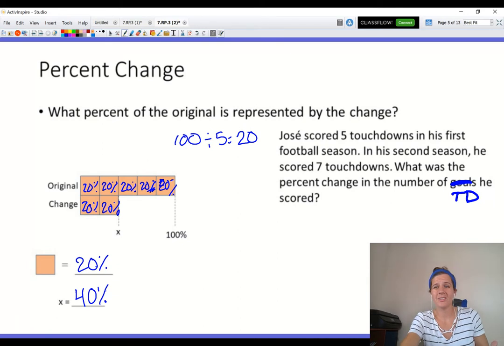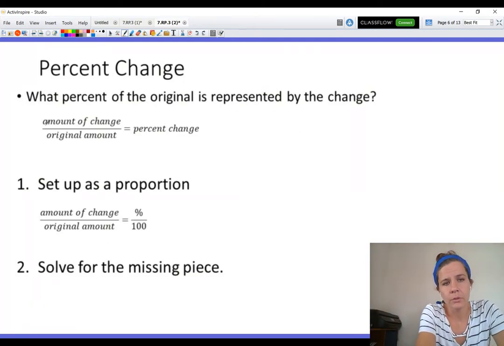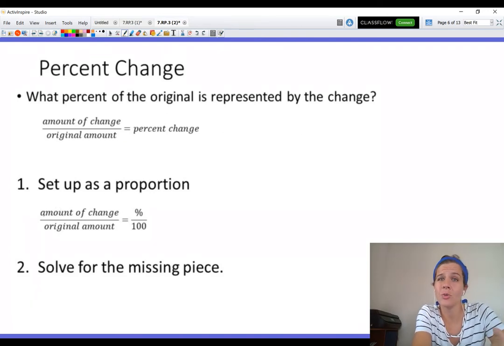Now this one was easy to draw with a diagram, but not all of them are going to be that easy. So we want to make sure we understand how to do it with math. And how we're going to do that is we're going to take the amount of change over the original amount that equals the percent change. But the way we're going to set it up is as a proportion. A proportion, remember, is 2 equal ratios, or 2 equivalent ratios.